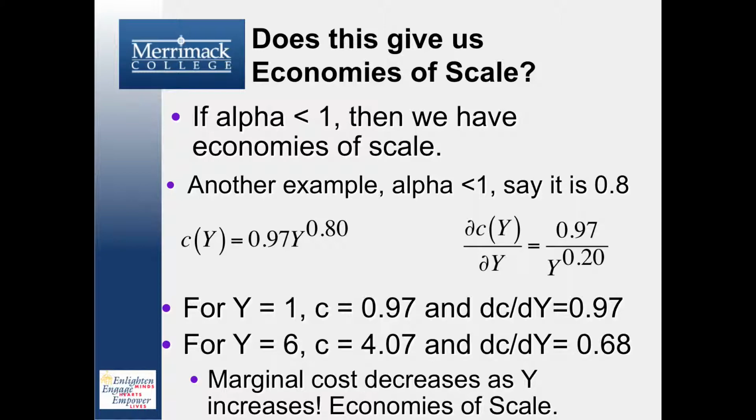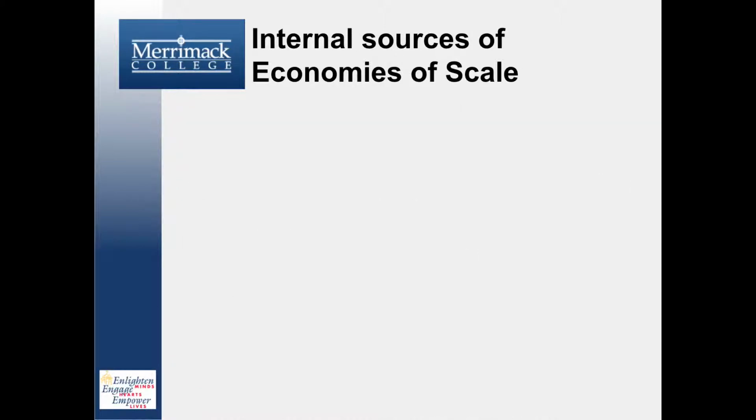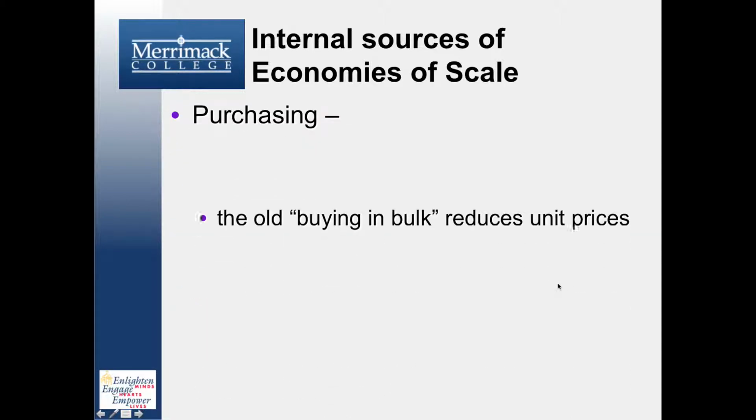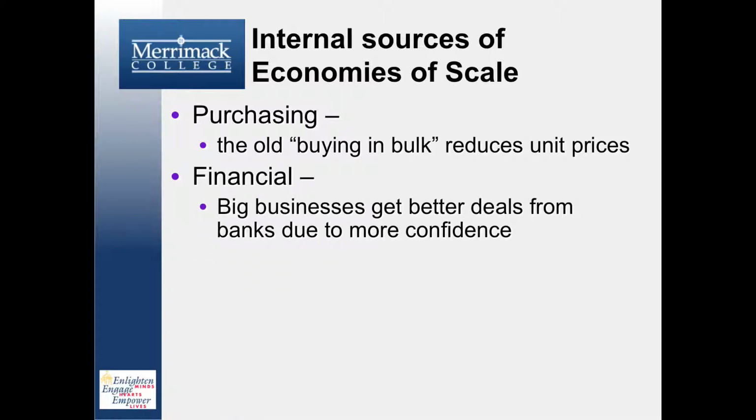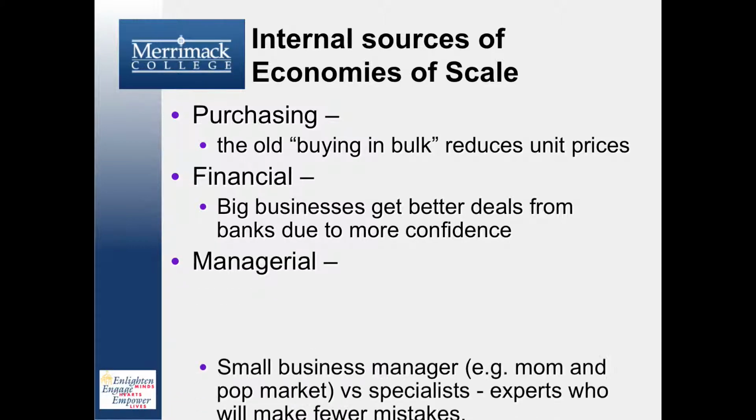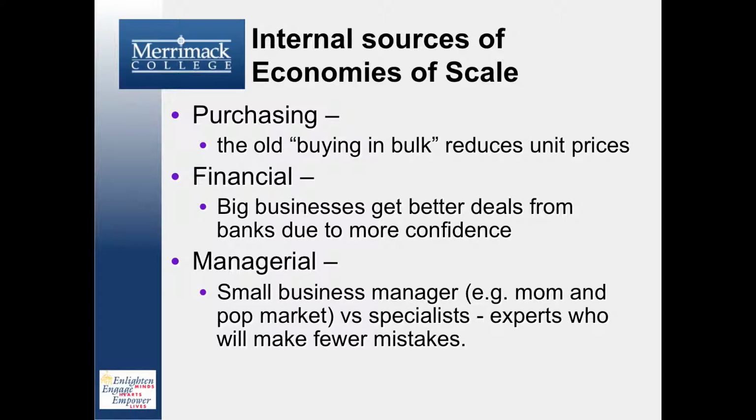There's some other little things to look at with economies of scale that are not really related to a production function. So for example, if I buy more, in bulk, we all know, this reduces unit prices sometimes. Big businesses often get better deals just because banks have more confidence in them. Small businesses are generalists typically, right?